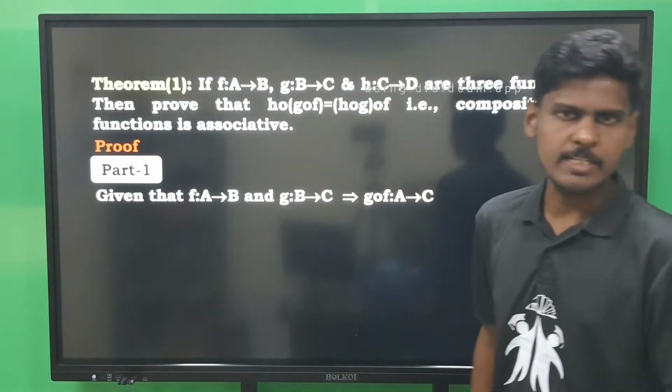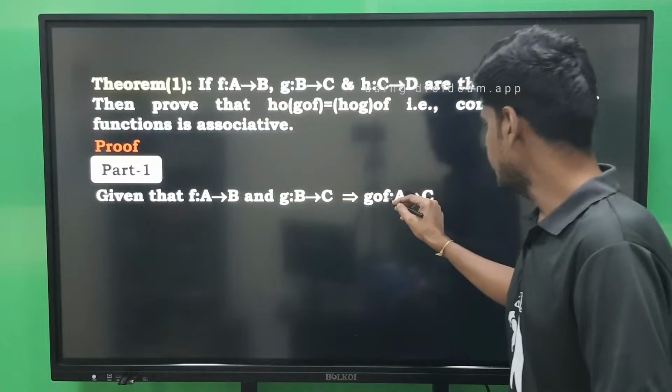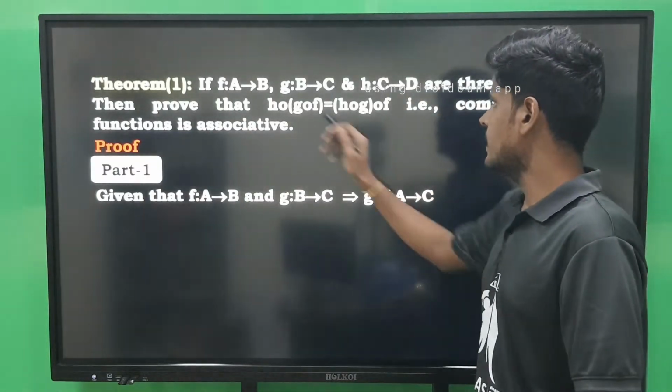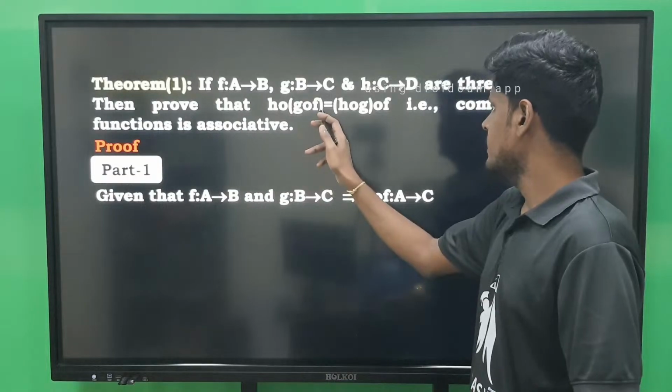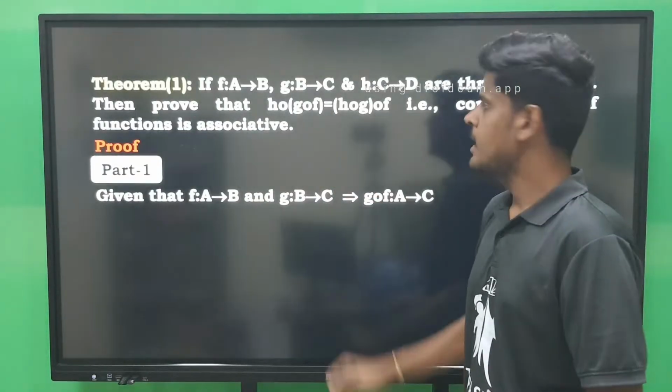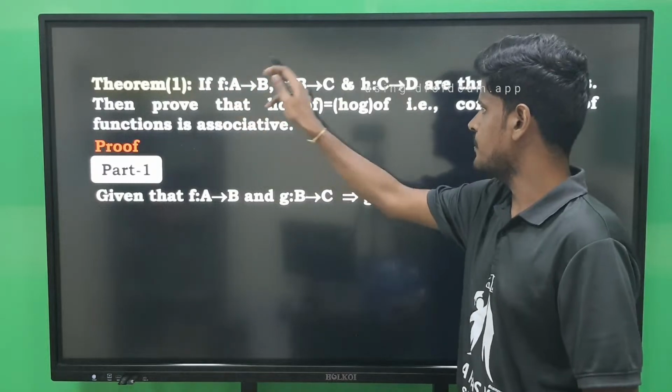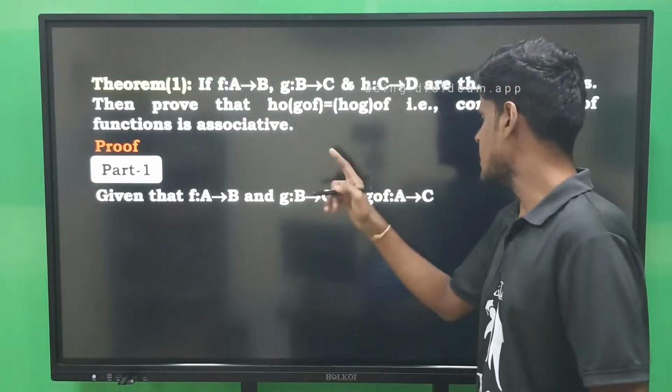Now, I already discussed how to write this g∘f. We should take the input of the f function, that is a from A, take this f, and then the output of the g function, that is from A to C, that is g∘f.